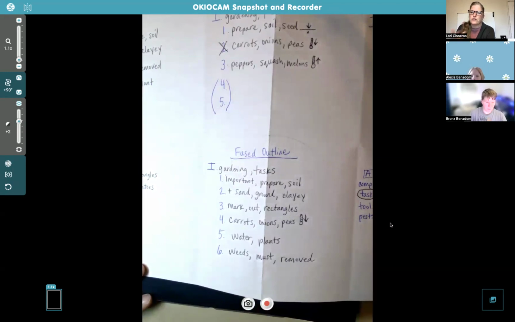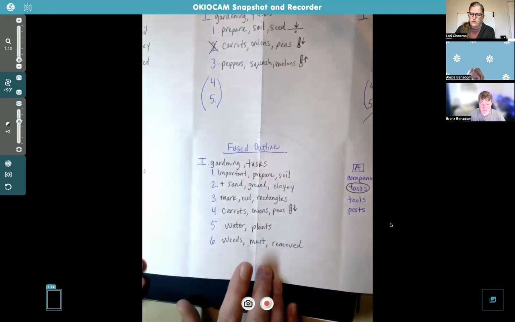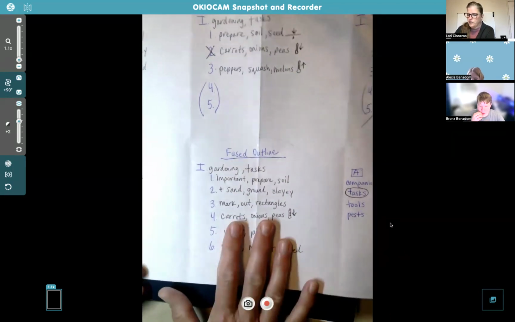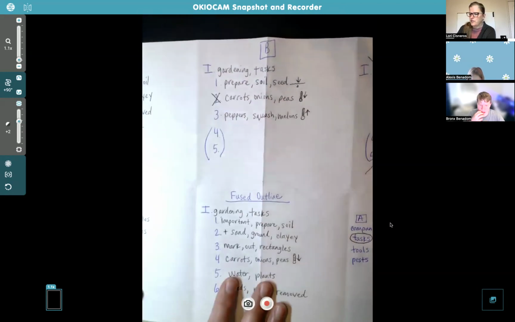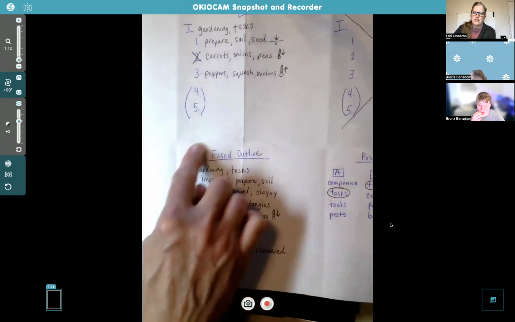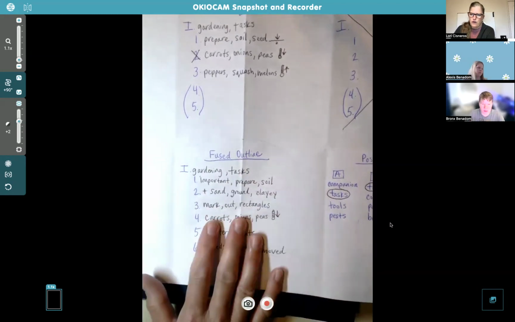So your homework will just be the 2 paragraphs. That's not too bad. You can do that. So use only the fused outline for your paragraph. Ignore the rest of this because we're done with all these others, A through D. Once we get to this part where it's fused, that's what you use for your paragraph.